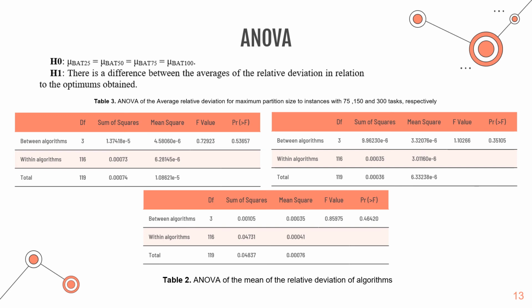To do this, one-way ANOVA was used to analyze the means of multiple populations, in this case, the results for different problem sizes. In fact, this statistical analysis serves as mathematical proof for what had been pointed out in the results, that is, the non-superiority of performance of a maximum partition size over the others, since the p-value is not significant in any dimension studied.